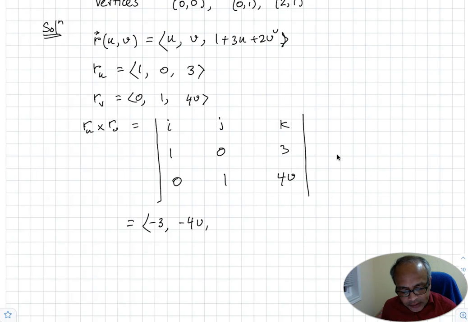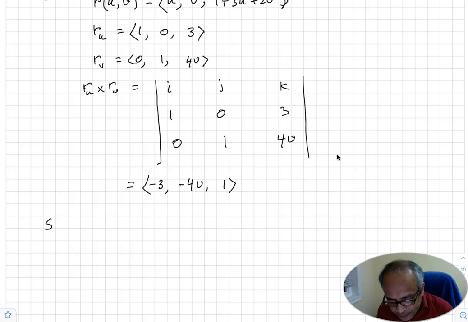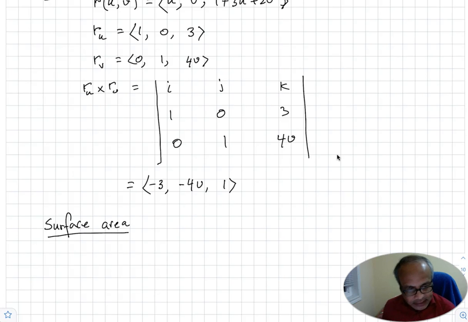Okay. Third component is just 1 times 1 minus 0. So I have the cross product, which is the normal. So the surface area: there could be various other ways to calculate the surface area, but let's say we just follow one specific rule, the parameterization.